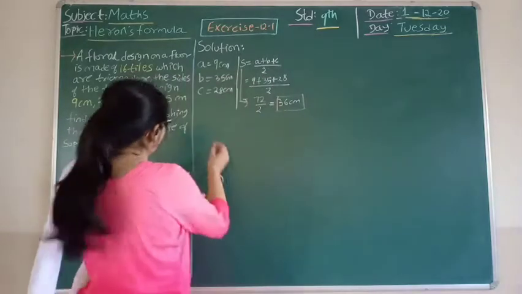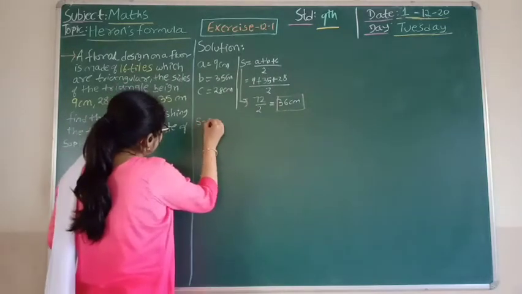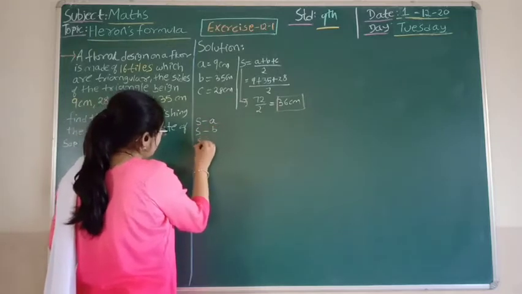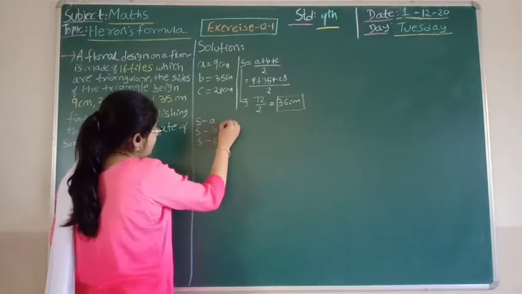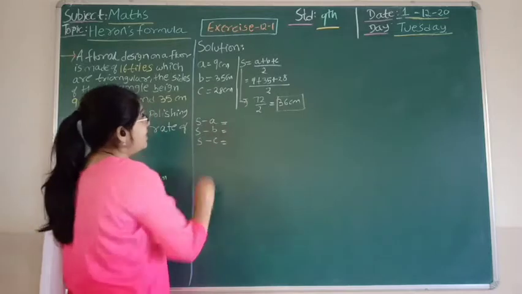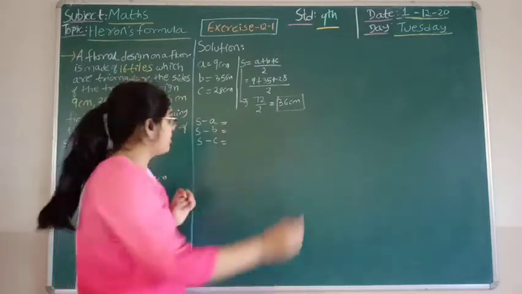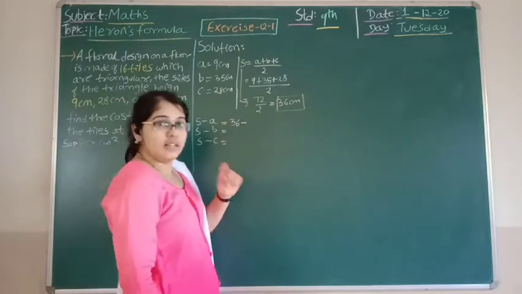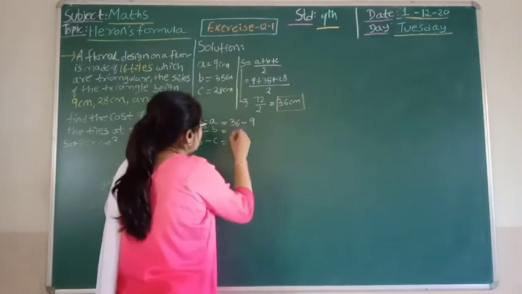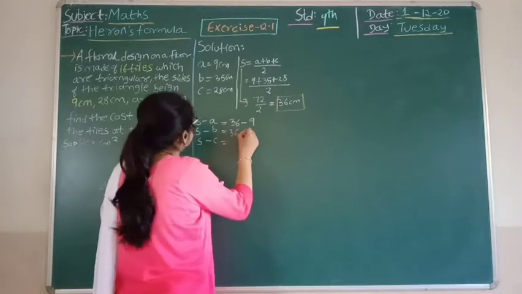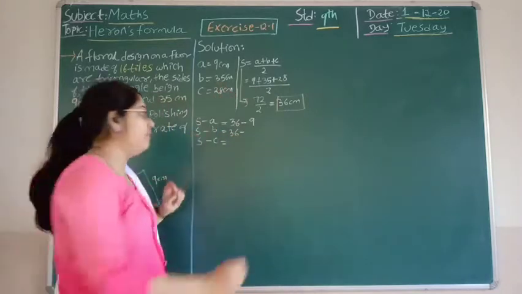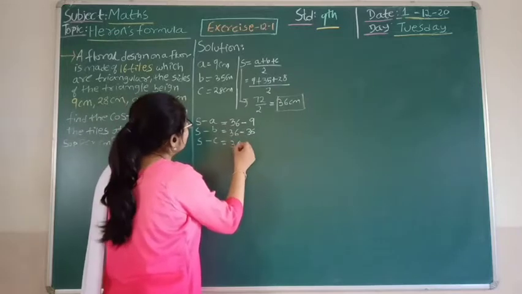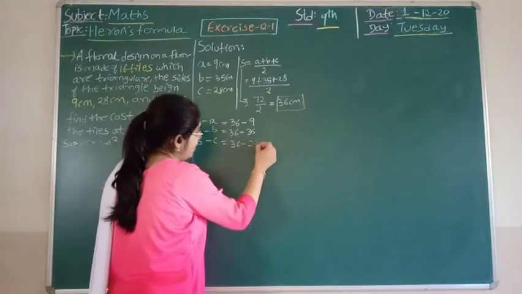Now we need to find s minus a, s minus b and s minus c. The s is 36, so it is 36 minus 9, similarly 36 minus 35, and 36 minus 28.